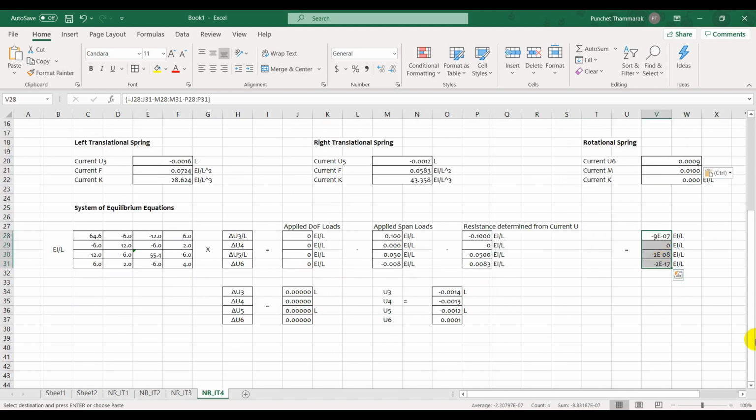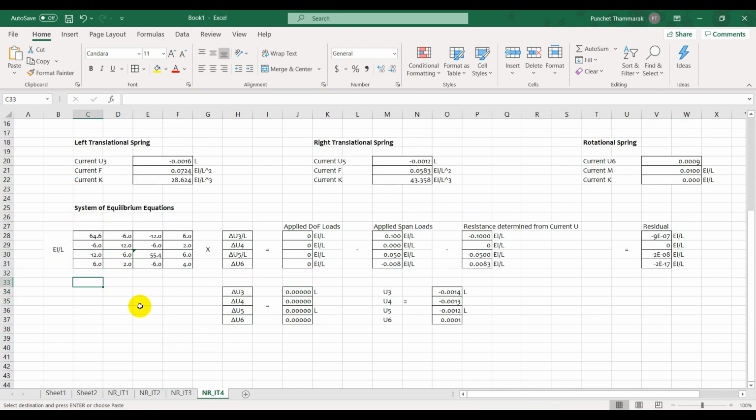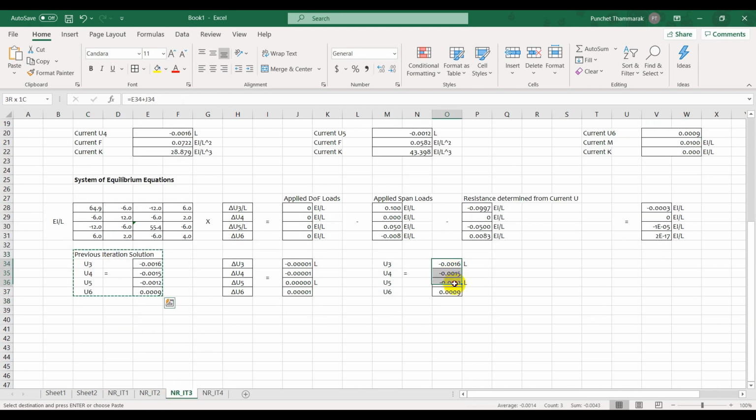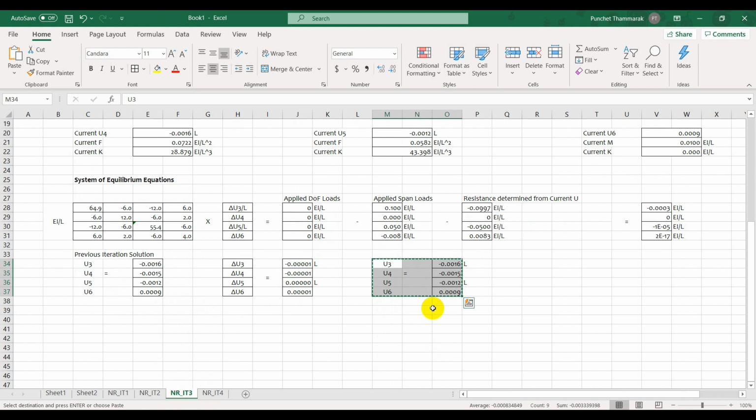Then the convergence is nice, so the residual term has approached 0, and the correction, okay, it's not fixed yet, and this correction has to be coming from here, previous step, and this formulation.